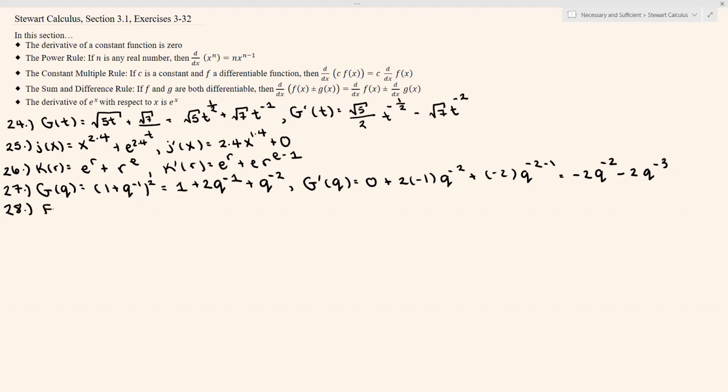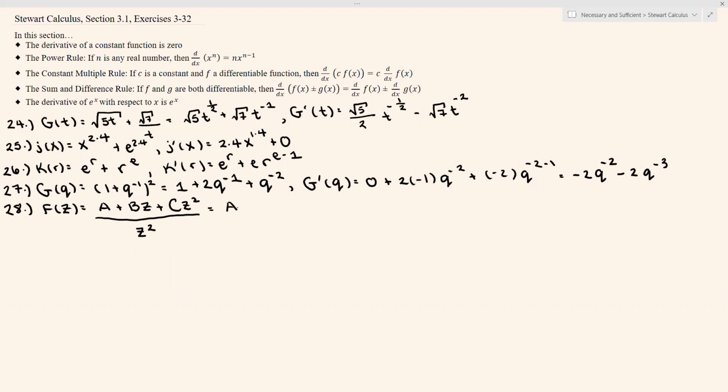We have f of z is equal to a plus bz plus cz squared divided by z squared. Again, a, b, and c are just numbers, and we're going to treat them like any other numbers. Once again, I'm going to simplify this by breaking it into 3 fractions and then rewriting the denominator using negative exponents.